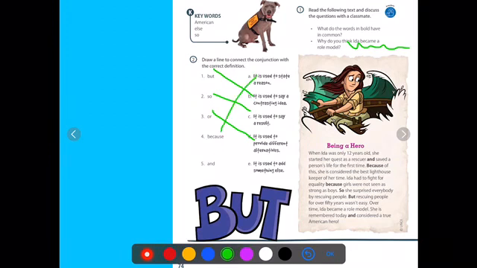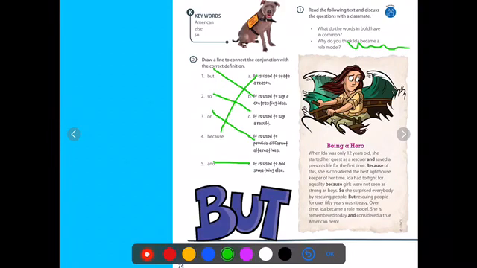I'm giving the reason why. And what do we use and for? It is used to add something else. To shower my dog, I used water and soap. Okay, water and soap.